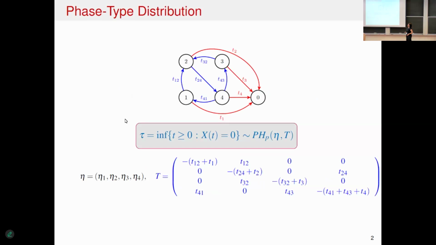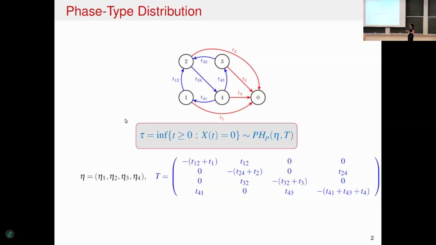We know that in a simple way, the phase type distribution is the distribution of the time that it takes for a Markov chain with one absorbing state to go to that absorbing state. The parameters that we have are eta, which is the initial distribution of the Markov chain. From now on, we call it the phase process.